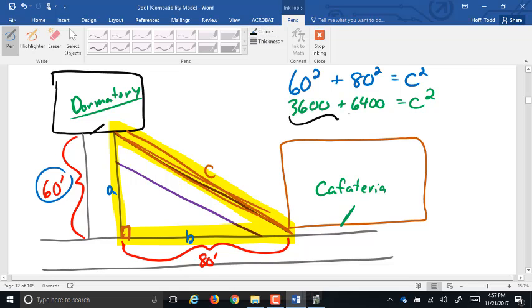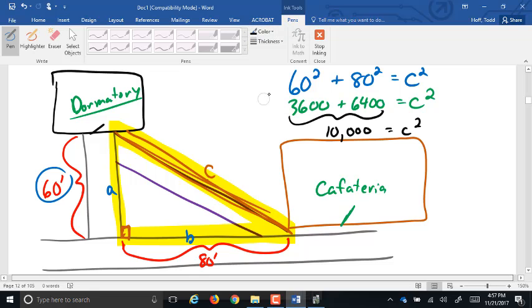And 3,600 plus 6,400 is 100,000. That's not right. How about take away 0? No extra charge for the extra 0. How about 10,000 equals C squared?